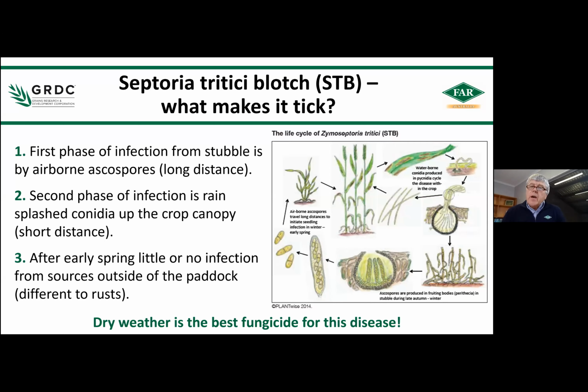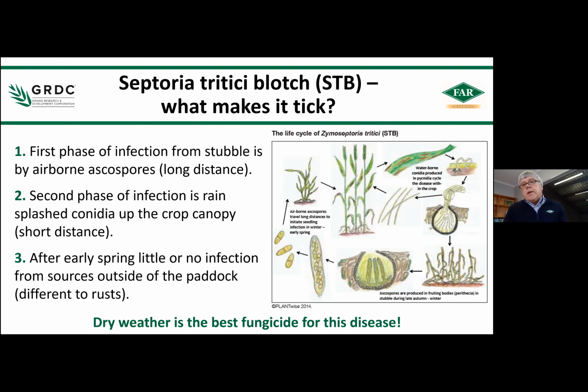Really important, though, that one remembers that what you see in early spring with Septoria tritici in the crop is probably what you're going to deal with, because you don't tend to get a lot of spore movement off the stubbles the following spring. Most of that initial spore movement from the stubble is in the autumn and early winter.